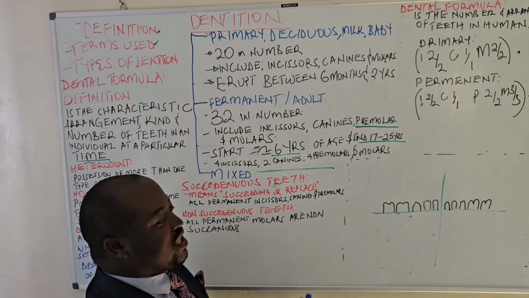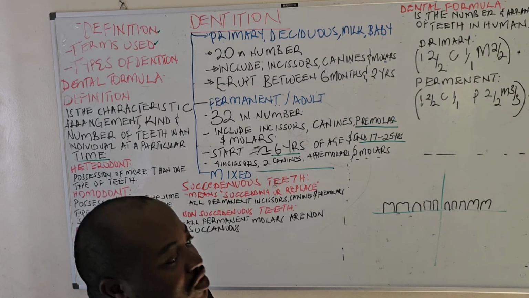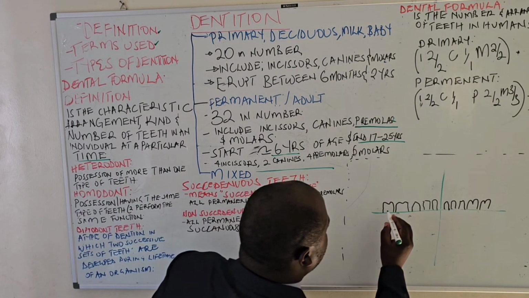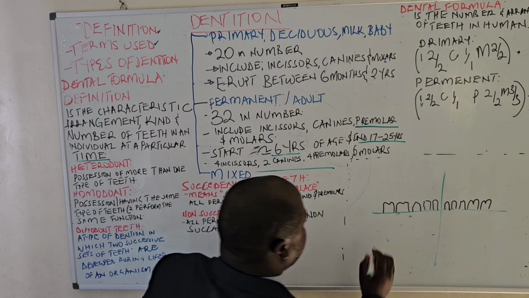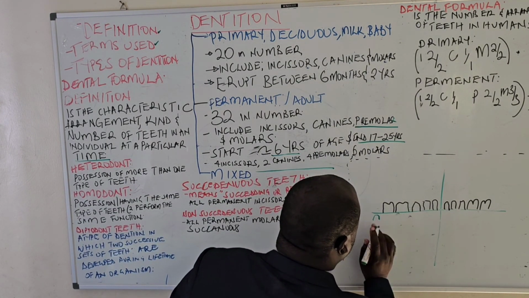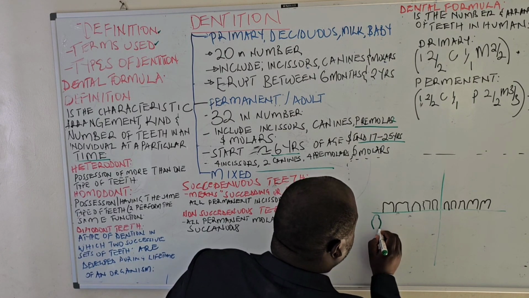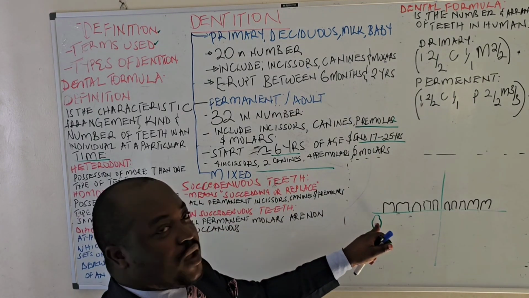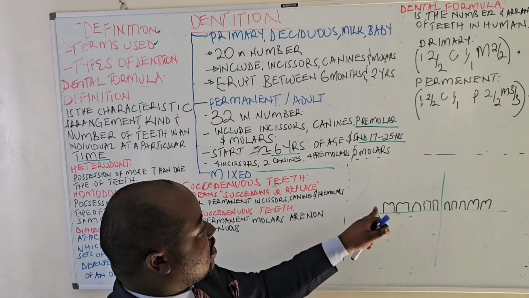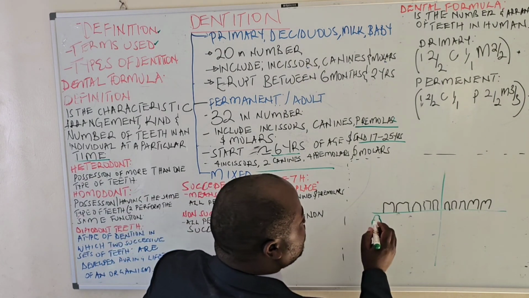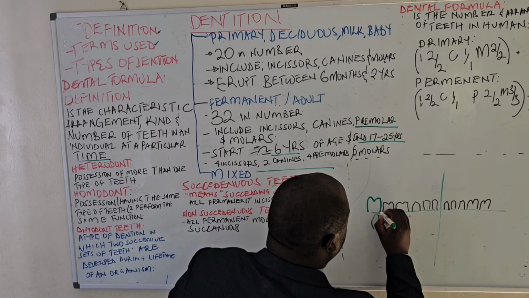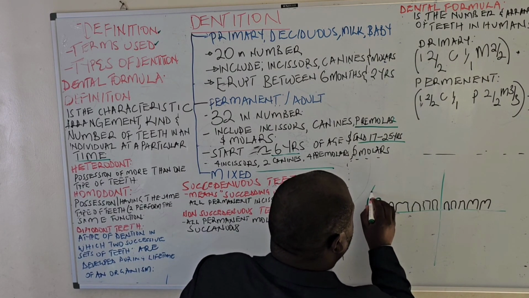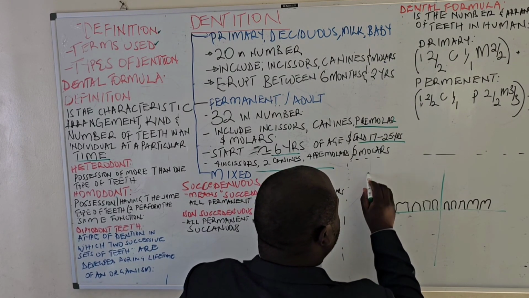Now, the first tooth which will erupt, a permanent tooth, will be this one, the first molar. So the first molar is going to come. Remember, it is coming in a position where there was no other tooth. So this is a permanent tooth.